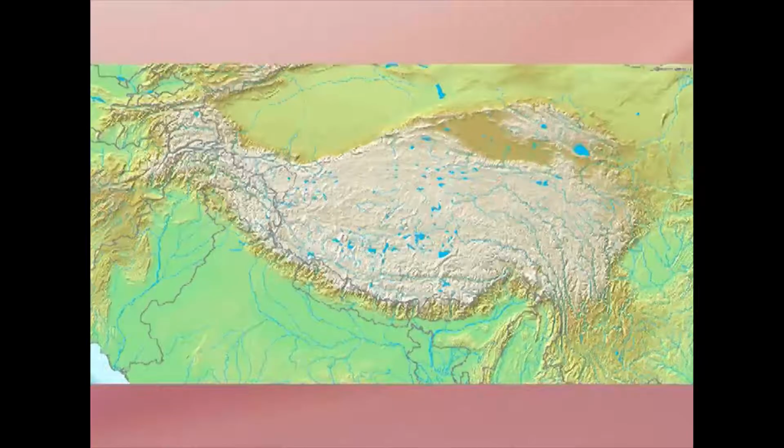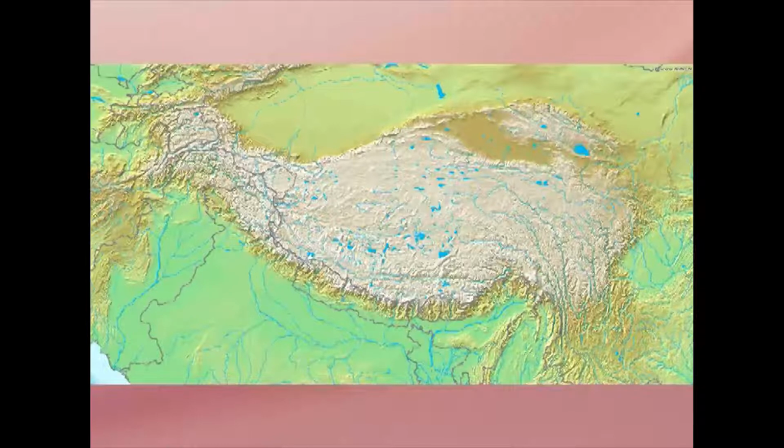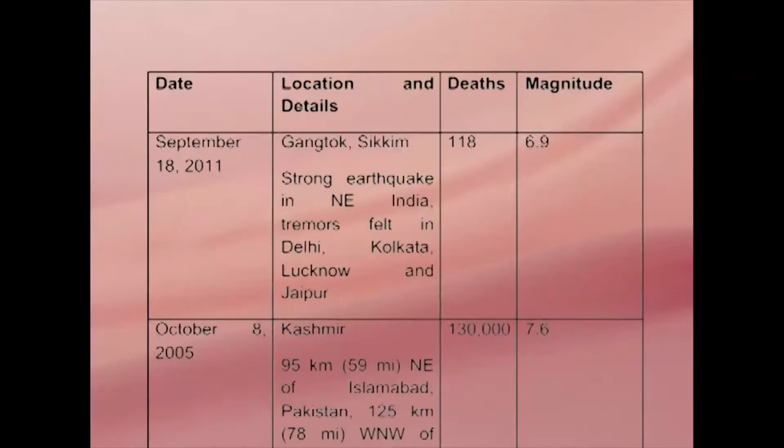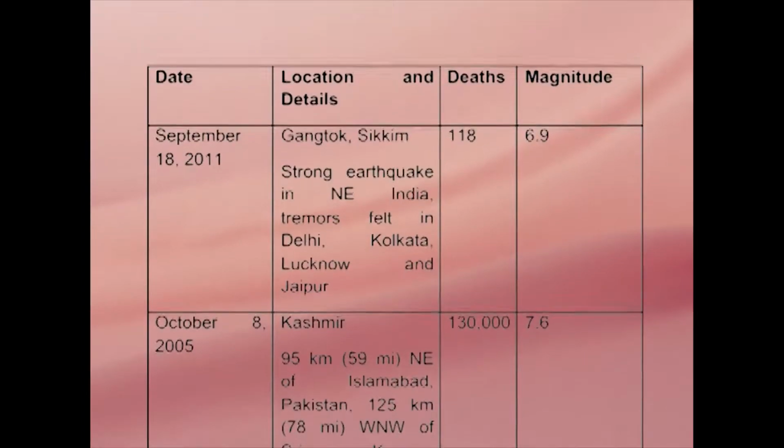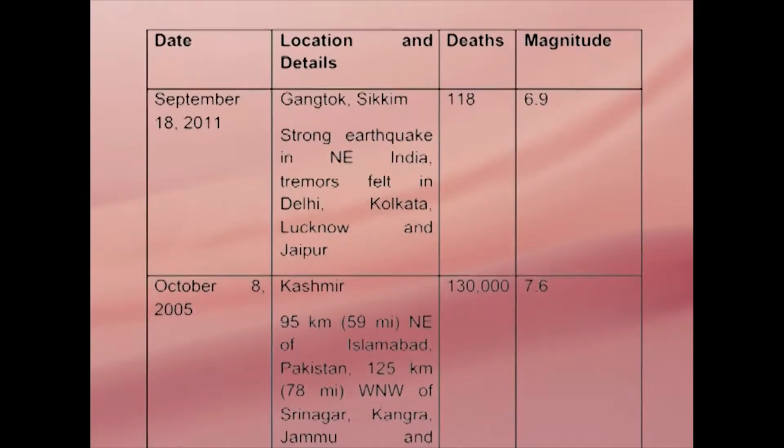Some of the damaging and more recent earthquakes are listed here. Date: September 18, 2011. Location and details: Gangtok, Sikkim, strong earthquake in northeast India. Tremors felt in Delhi, Kolkata, Lucknow, and Jaipur. Deaths 118, magnitude 6.9. October 8, 2005.